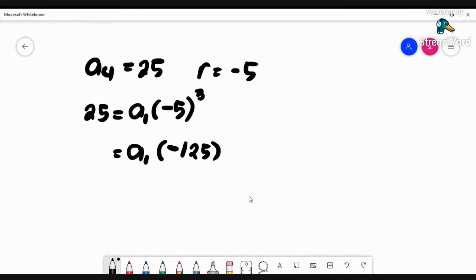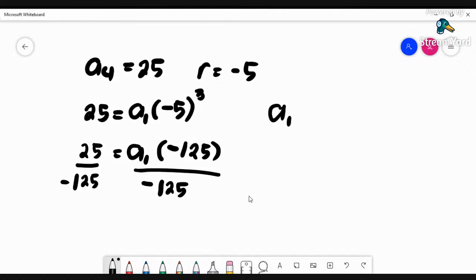It's negative 125 over 25. So divide both sides by negative 125. So the answer will be a sub 1 will be negative 1/5. Or sorry, negative 1/5 or negative 5 rather.